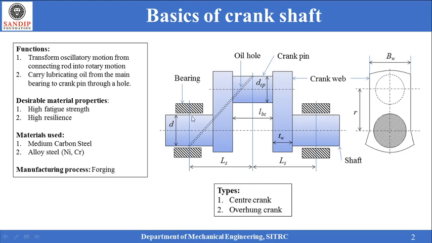The reactions offered by the bearings are separated by a distance denoted by 2 Ls. You can see an oil gallery is drilled across the crankshaft. It carries the oil from the main bearing to the connecting rod bearing.